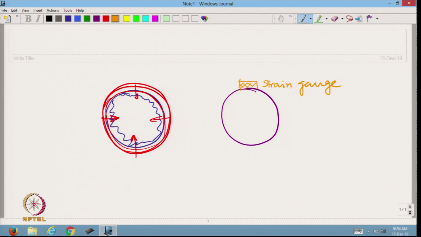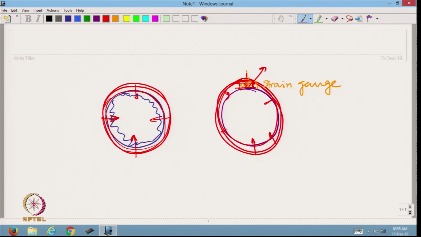Now, this works in compression mode. When we wrap the bandage along this, due to the wrapping, it applies a compression load, and what is recorded is the strain in this gauge due to compression.